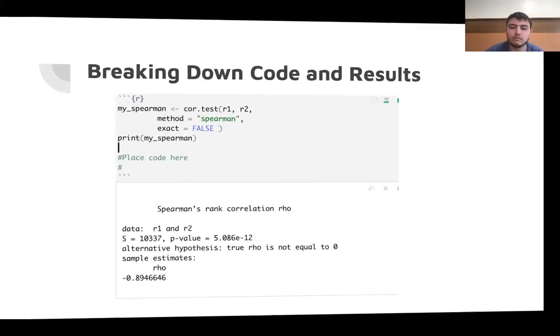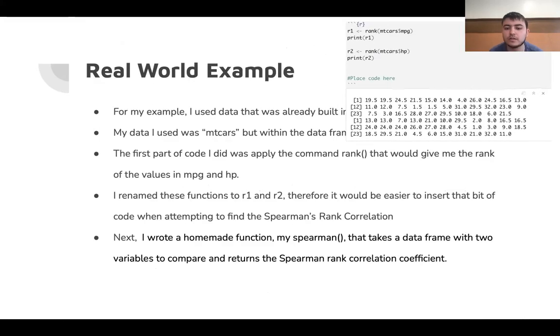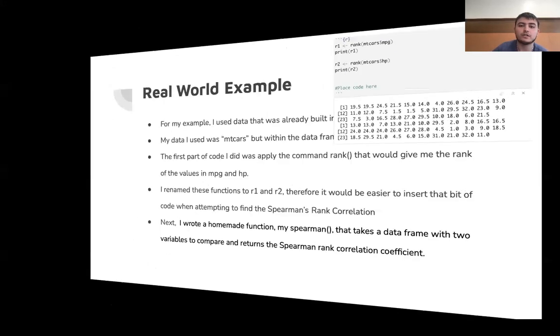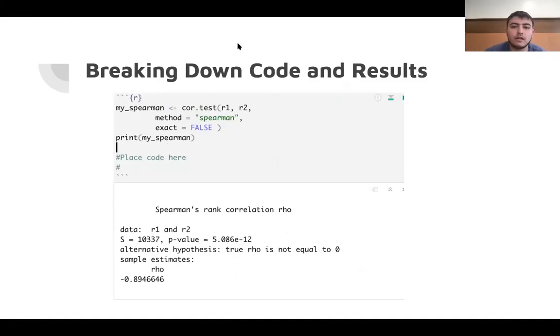So next, I wrote a homemade function called mySpearman that takes a data frame with two variables to compare and returns the Spearman's rank correlation coefficient. And that is this image here. So breaking down the code, we start off with mySpearman because that's what I was naming my function. And it's cor.test because it's a correlation test.